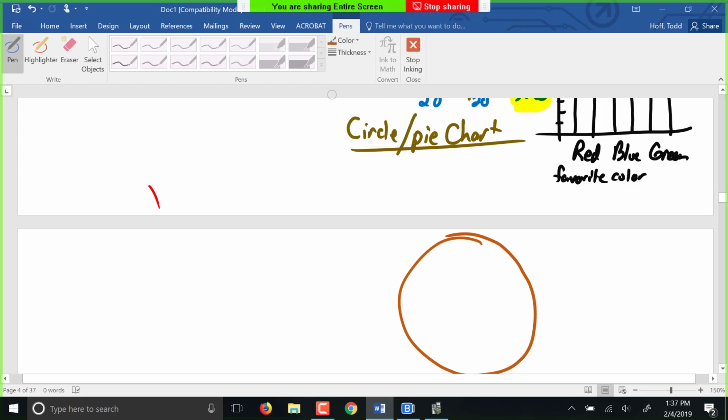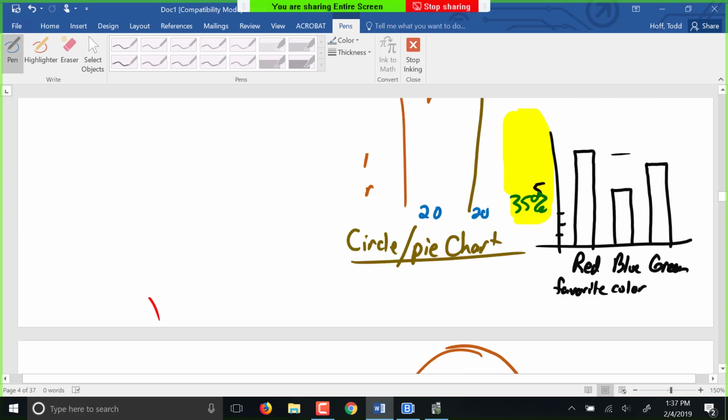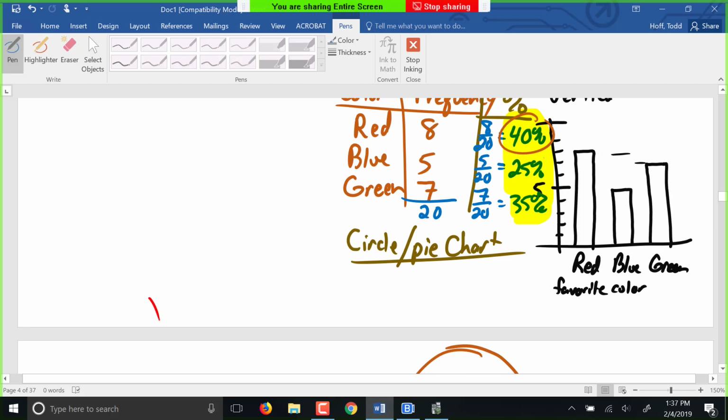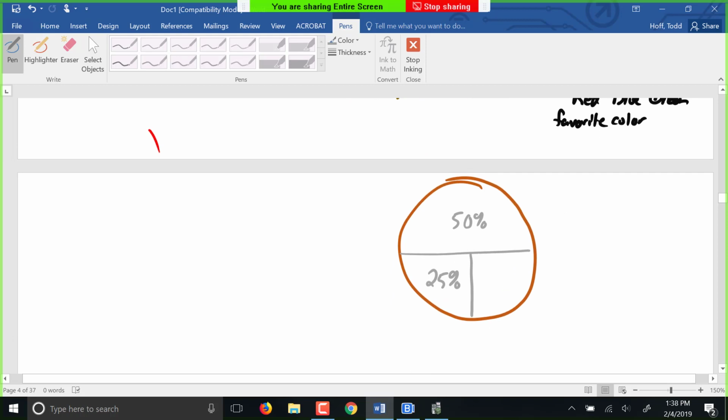Here, we know half a circle is about what percent? 50%, right? A quarter circle is 25. So as we look up here, we have one that's exactly 25%. That's the blue. So I'm actually going to put that in there as blue is 25%.